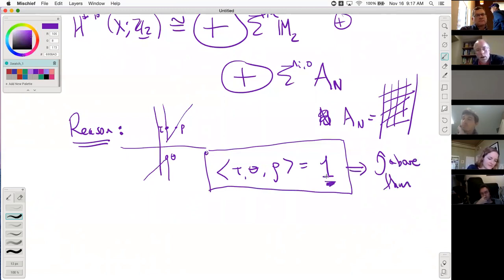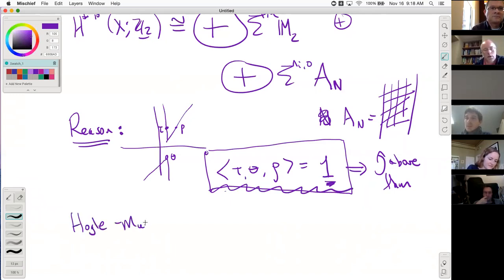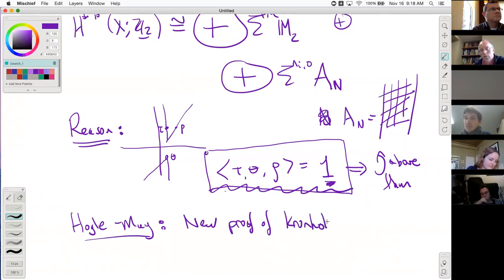Okay. So all the crazy M2 modules that you can write down, none of them are compatible with this Massey product decomposition. So that was very nice. And as a consequence, Hogel and May have given a new proof of Cronholm's theorem. And I told you before that the original proof of this was chasing through the cellular spectral sequences and thinking about the possible extension problems, and it was sort of a long analysis.